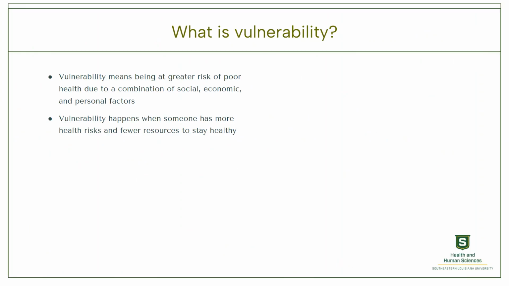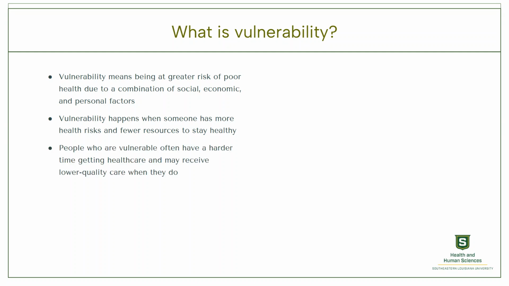Vulnerability as a concept happens when someone has more health risks and fewer resources to stay healthy. So you're looking at both sides of it. First, your risk of illness or of not having good well-being is greater, but you also have fewer resources that could help you stay healthy.